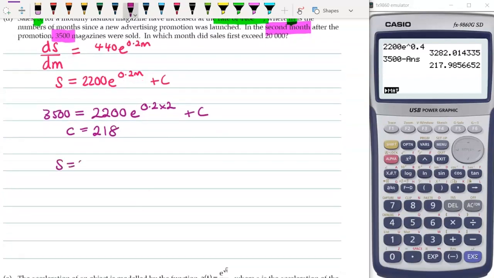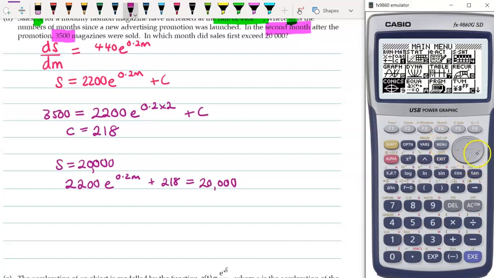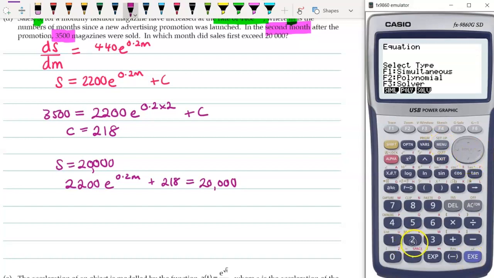So now in which month did the sales go past 20,000? So we want S equal to 20,000. So our equation is 2,200 e to the 0.2m plus 218 has to make 20,000. I'm going to go to equation solver here. Let's go with F3. Delete that one out.